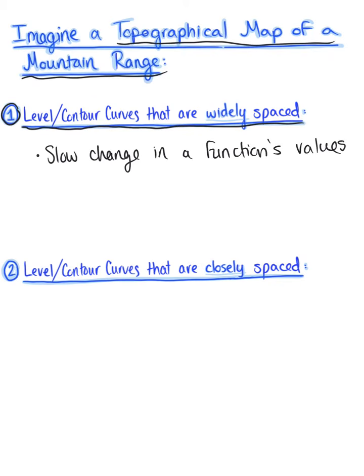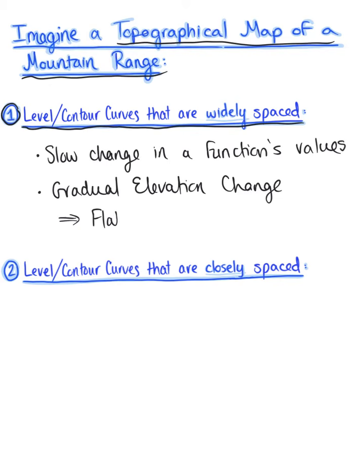If we're thinking specifically of a mountain range, this usually indicates gradual elevation change. So if there is gradual elevation change, this is usually indicative of a flatter region in space.